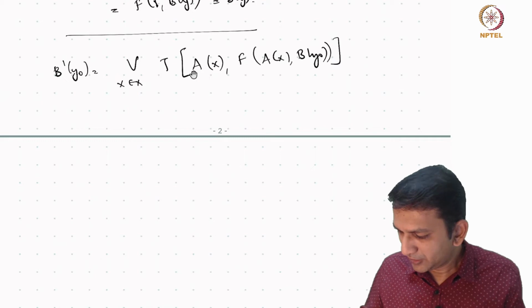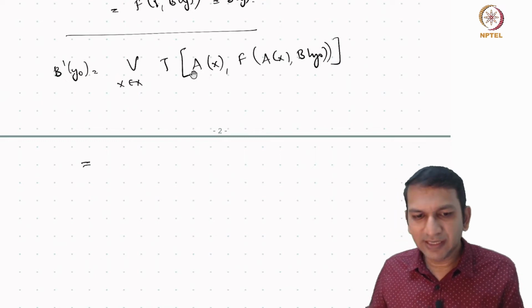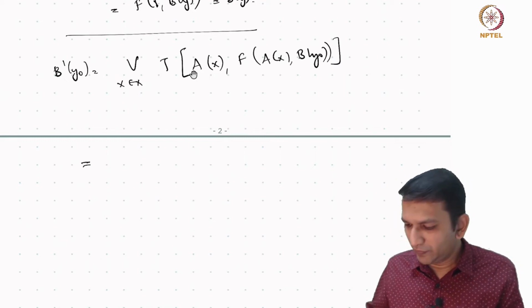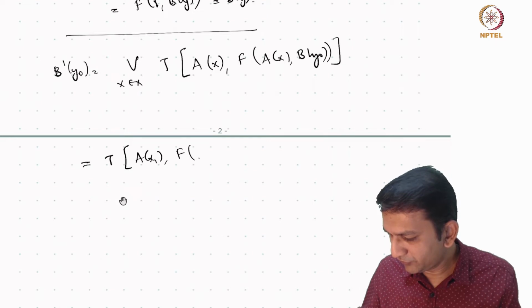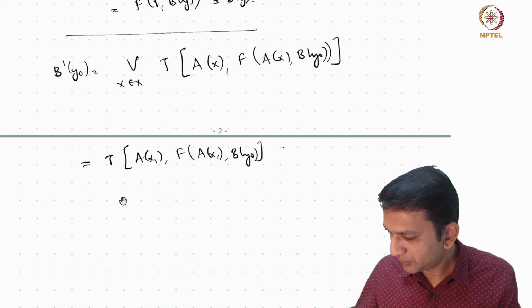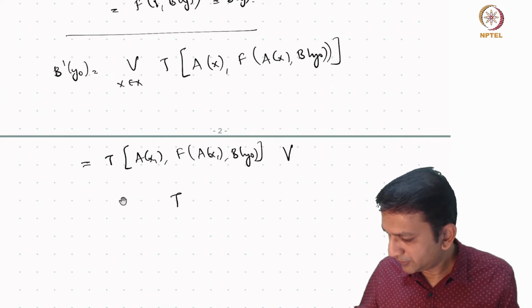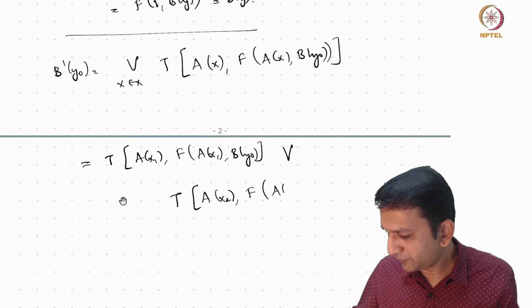Now, since X has only 2 elements, x1, x2, we could write this as T of A of x1 comma f of A of x1 comma B of y0, supremum T of A of x2 comma f of A of x2 comma B of y0.